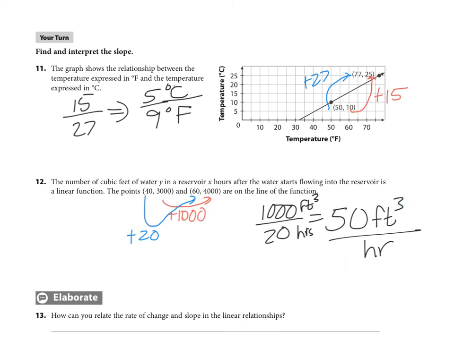That means it's a rate of change. That means water's going into the reservoir 50 cubic feet per hour. So after 2 hours, it would have gone in 100 cubic feet. After 3 hours, 150 cubic feet. So the slope gives us a rate as to what is increasing and or decreasing.